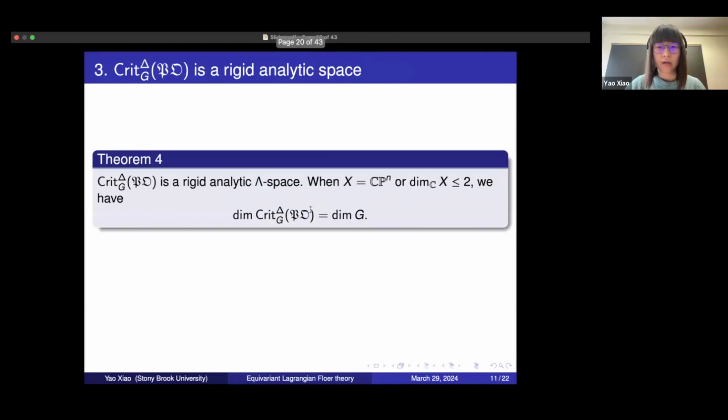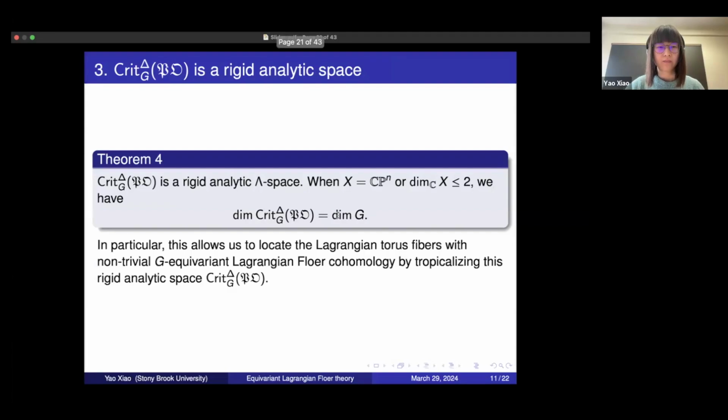And I proved that when the compact toric manifold is CP^n, or has complex dimension less than or equal to 2, then we have a dimension result, which says the dimension of this rigid space is equal to the dimension of the torus. In particular, as promised, this allows us to locate the Lagrangian torus fibers with non-trivial equivariant Lagrangian Floer cohomology by tropicalizing this rigid space.